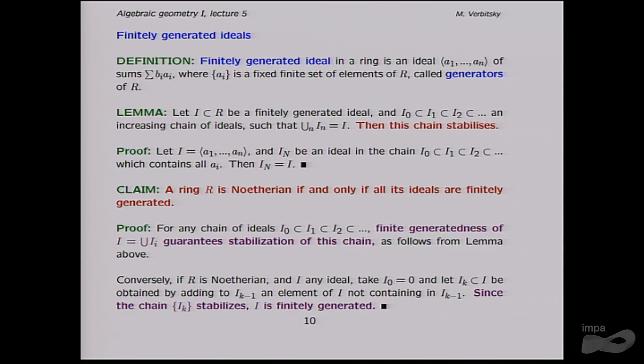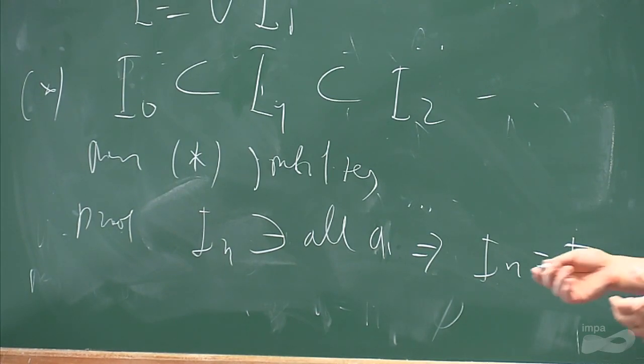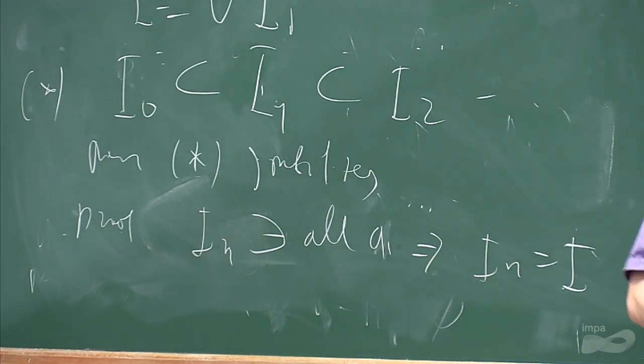Just add one generator, add two generators, add three generators. It would give you a chain of expanding ideals, which has to stabilize at some point. And when it stabilizes, it's precisely where the whole I is generated by your finitely many generators. So R is Noetherian if and only if all ideals are finitely generated.